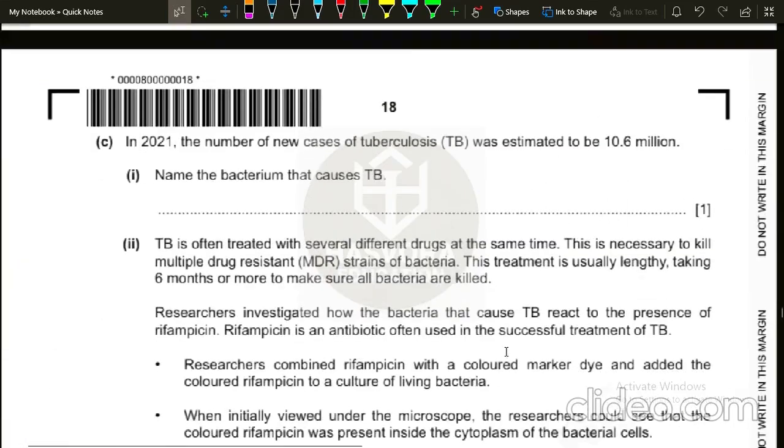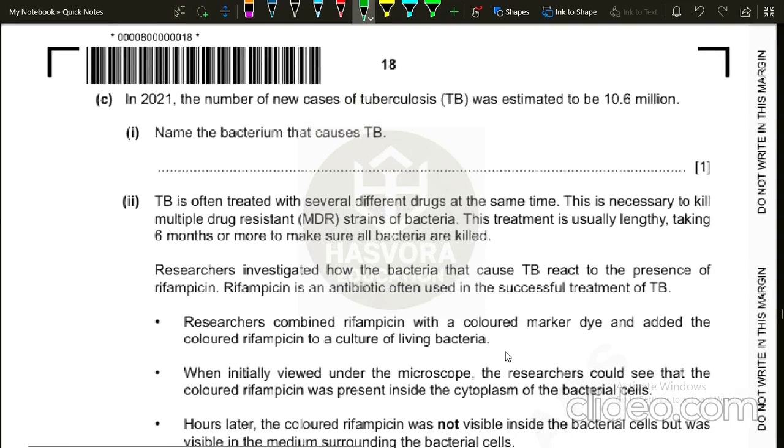So I think this question is finished. No, it is not. C says in 2021 the number of new cases of tuberculosis were estimated to be 10.6 million. Name the bacterium that causes tuberculosis. So we can just write Mycobacterium tuberculosis.